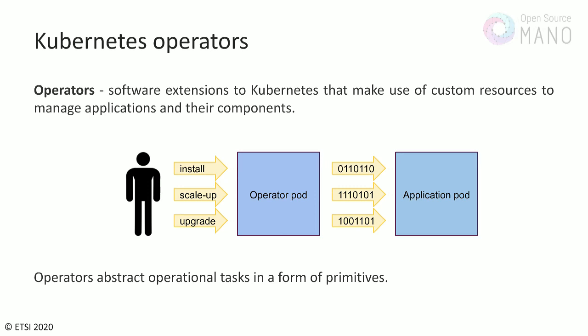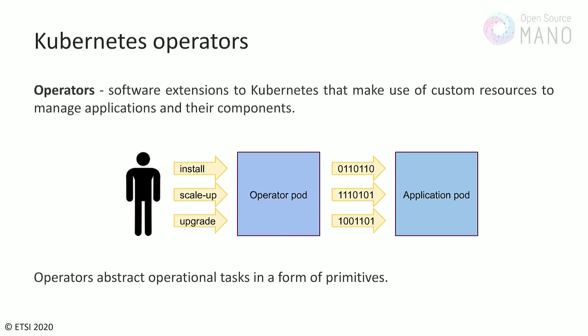And if we have a look at the following picture, what we can see is that together with the application pod being deployed, there's an operator pod being deployed. So the application pod basically runs the application software, while the operator pod runs the operator software.